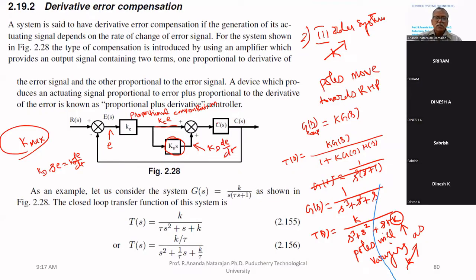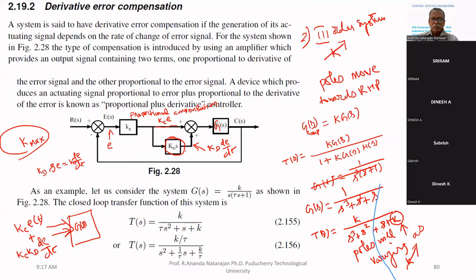Therefore, the input to the system G of s has two components: Kc times e of t plus Kc times Kd times d by dt. This path will give the derivative of error. These two are added together.